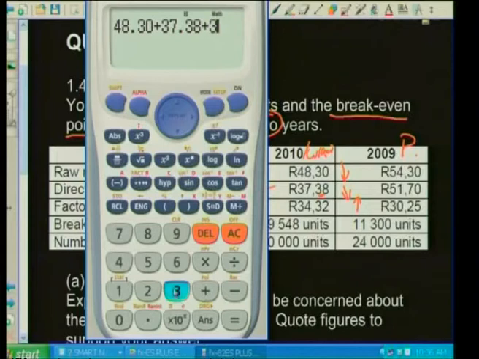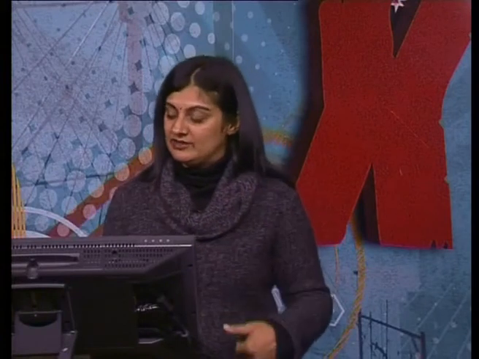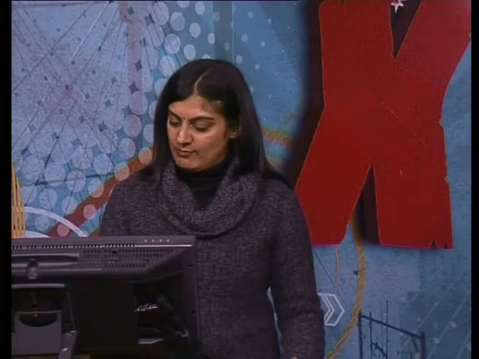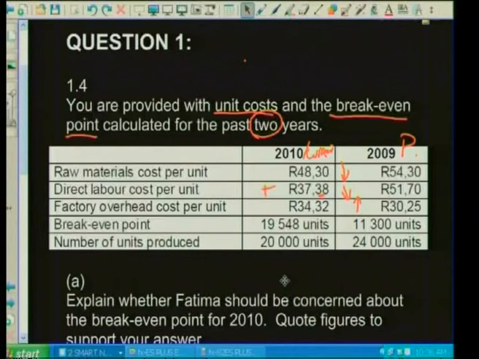And then we are adding 34 Rand 32 cents to get my cost price of 120 Rand, which is obviously the same cost price that I previously calculated using the selling price and the markup. Right, next bit of info, my break-even point is given to me.